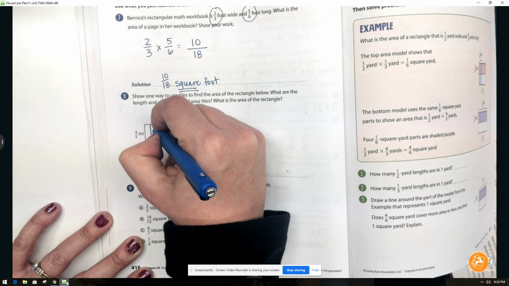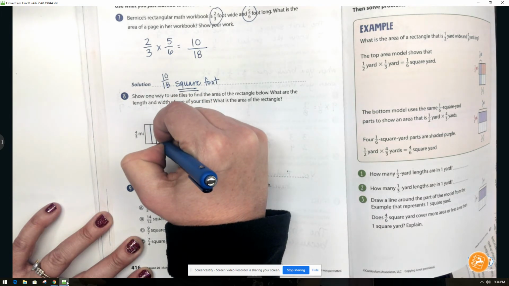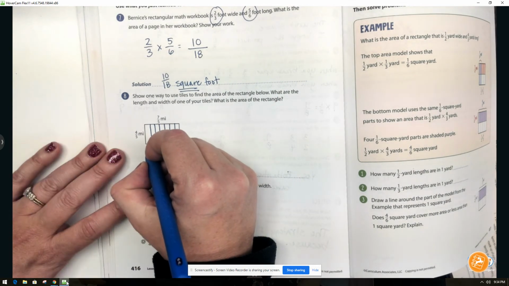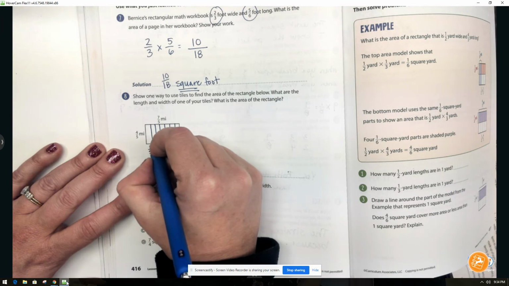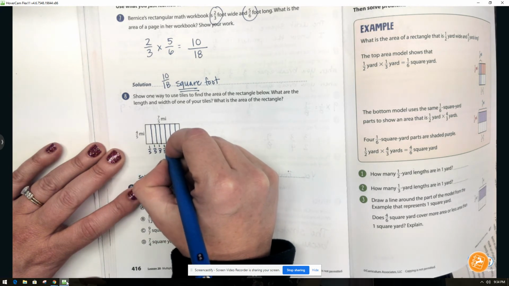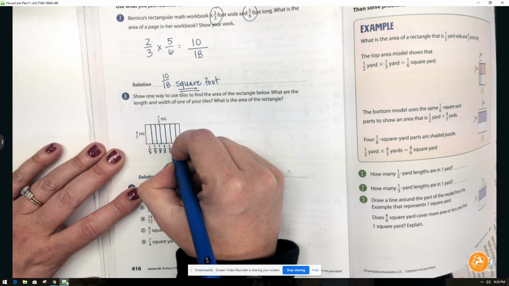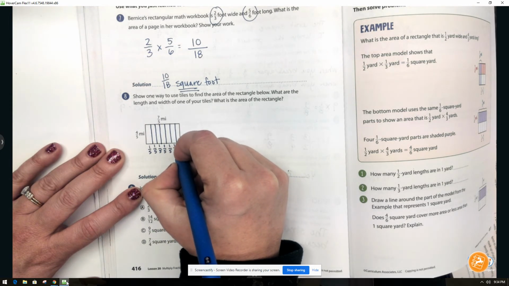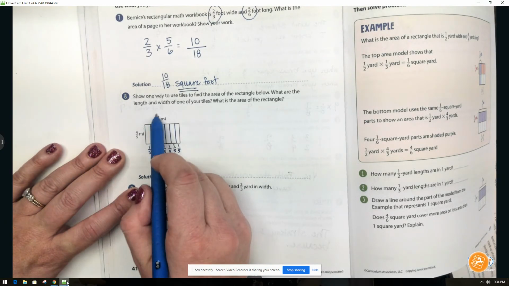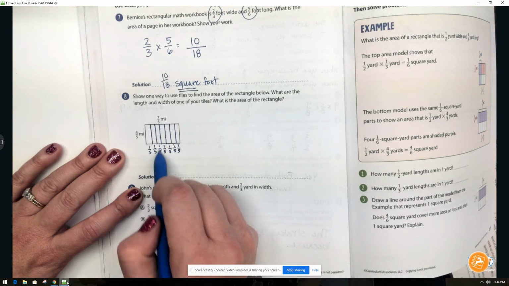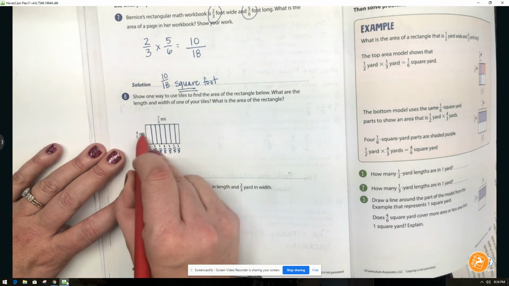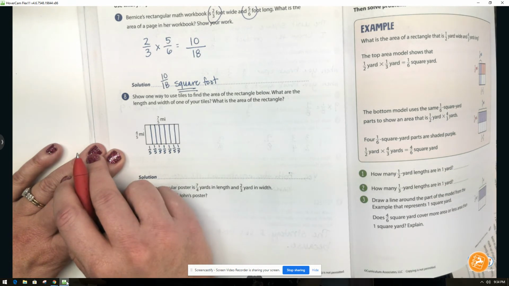It doesn't have to be 100% even, but now we have 7 sections. So this is 1/5, 1/5, 1/5, 1/5, 1/5, 1/5, and 1/5. When I add all of these fifths together, it equals 7/5. So I've drawn 7/5.